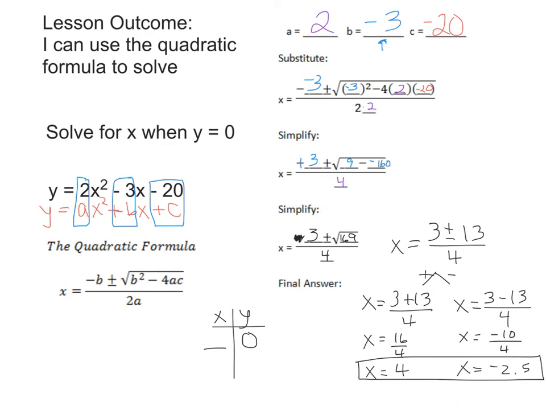We'll end up with two answers for x when our y value is 0. So we can put 4 as one of our x values when y is 0, and we could have another one at -2.5. So again, solving a quadratic equation when y is 0 to find the x values can be done instead of factoring by using the quadratic formula.